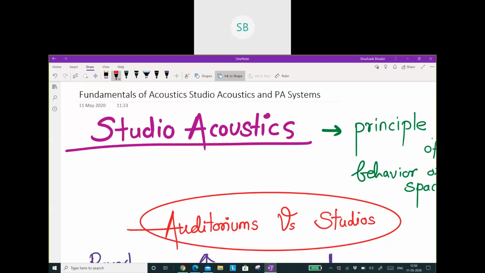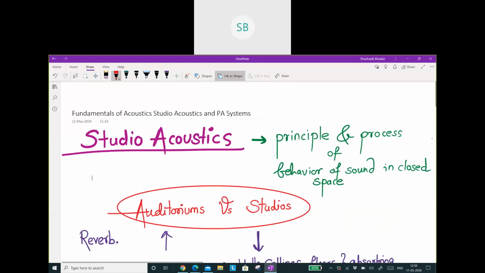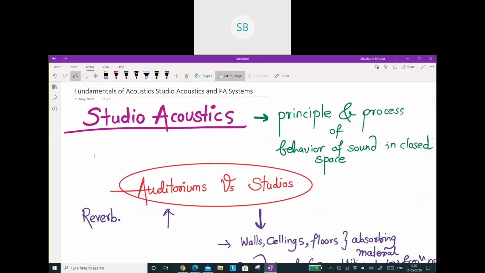Okay, so what do you mean by studio acoustics? Now the thing is that whatever constraints we have looked at so far are with reference to auditoriums and so on, because reverberation is mainly important when you need a special sound effect.